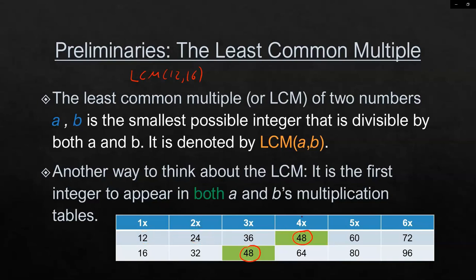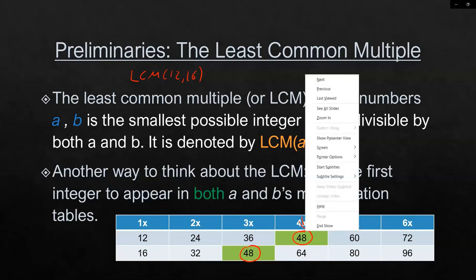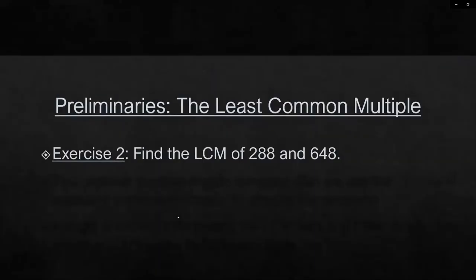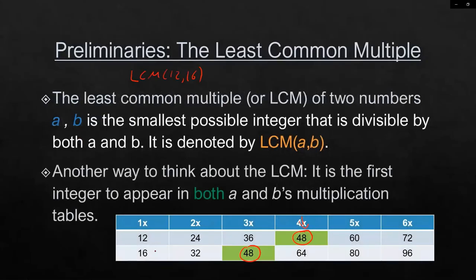Okay, so 12 divides 48. And then also we have 16. 16 also divides 48. So the first number that both 12 and 16 can divide is 48. That's the least common multiple.